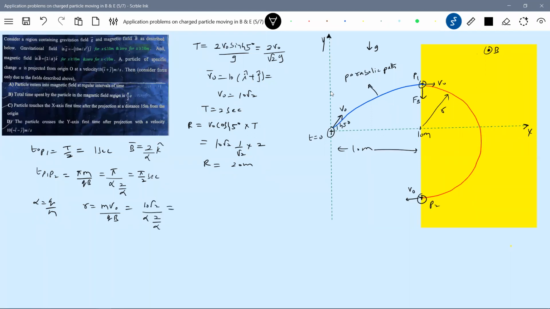This is 2 alpha. Okay, this alpha gets cancelled, so this will become 10 by root 2 meter. I think option C is not possible.